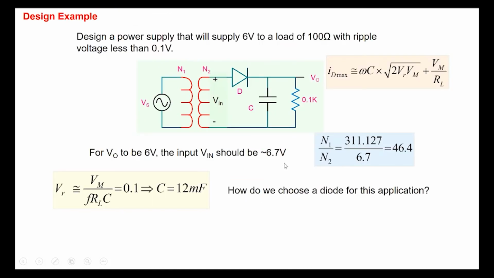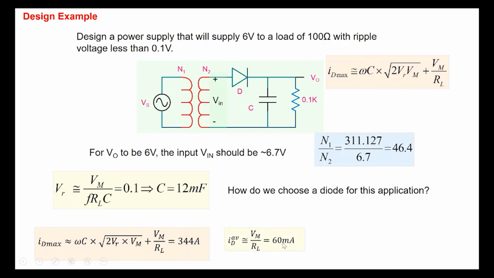Okay, so we had seen this design example, and we had raised this issue of how do we choose a diode for this application. We had found the value of capacitor, 12 microfarad here. A transformer we said we should choose with a turns ratio of 46.4 here. And the next task was, how do we choose a diode? Well, now based on the maximum diode current, we can calculate the maximum diode current if we plug in this expression here, so we can get this number.